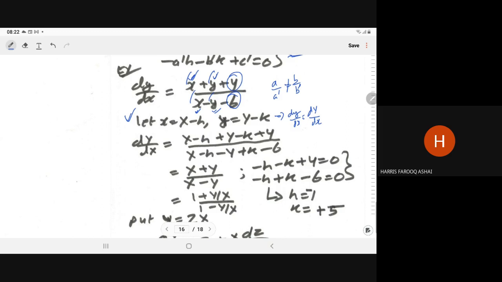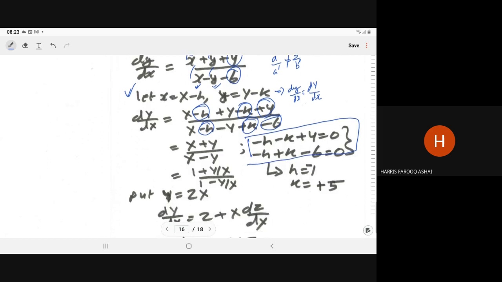So if you write it as X plus Y upon X minus Y, and the extra terms, minus h minus k plus 4 is equal to 0, minus h plus k minus 6 is equal to 0. This is the system of equations, right? After solving, you can get the values of unknown h and k. So h will come minus 1 and k will come 5.